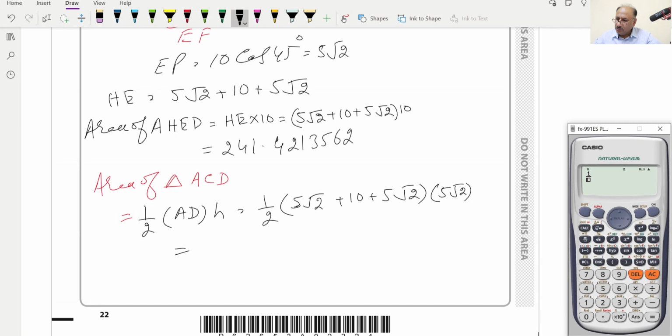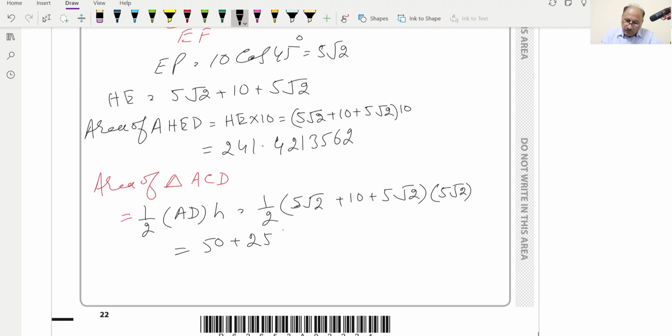So 1 over 2, multiplied by 5 root 2 plus 5 root 2 plus 10, multiplied by 5 root 2, will be equal to 50 plus 25 under root 2. This is the area of the triangle.